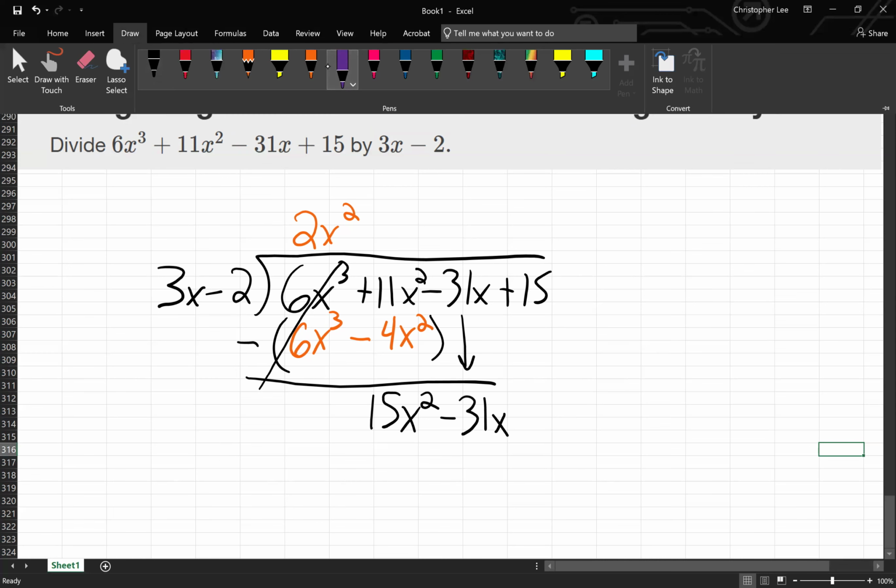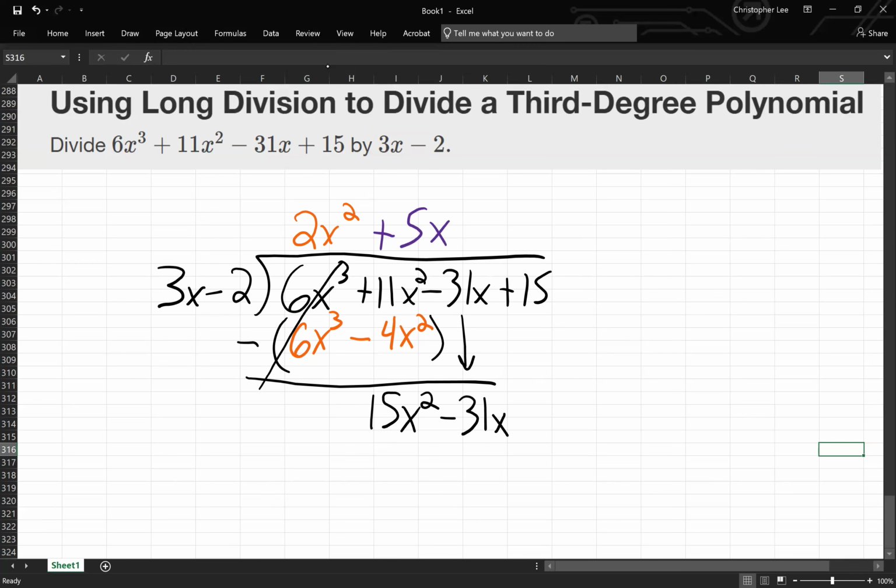Let's go to the next color. Now, 3x goes into 15x squared how many times? Plus 5x. Now, 5x times 3x is 15x squared. Now, 5x times negative 2, negative 10x. Very good, right?